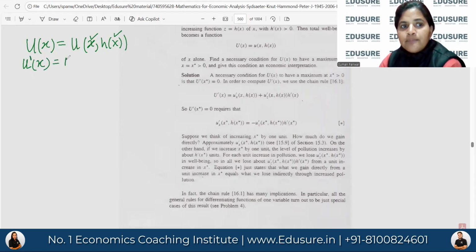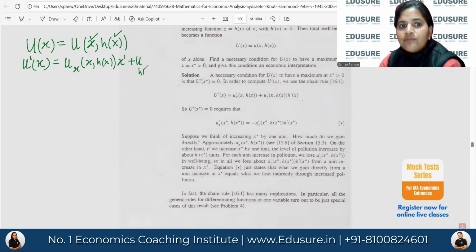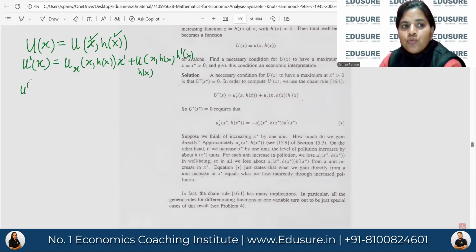This should be the partial derivative with respect to x, and then the derivative of x, plus the partial derivative with respect to hx, and then the derivative of h. So your u dash x is ux x hx plus, because x dash is 1, u hx x hx into h dash x.